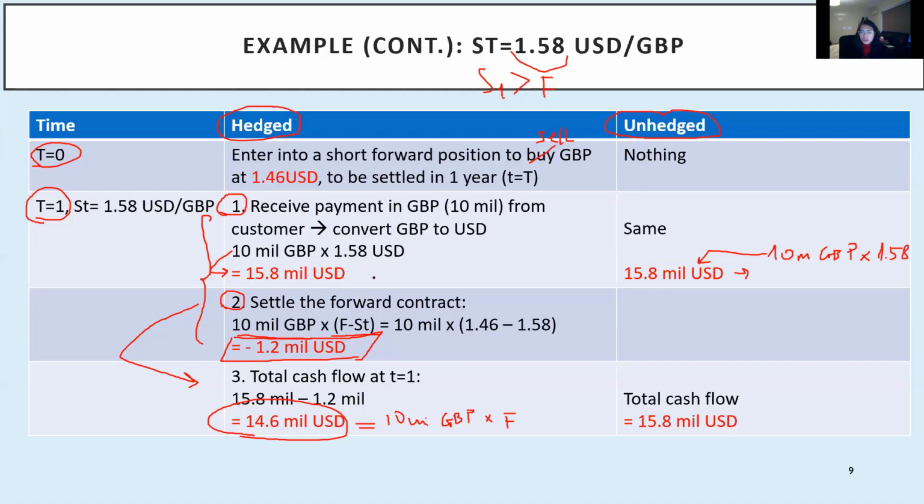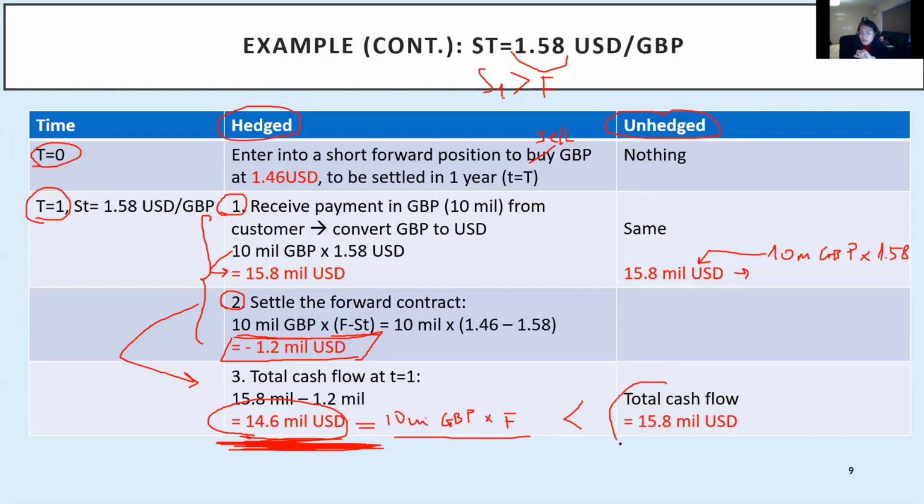So in the second scenario, where the exchange rate in the future is higher than the forward rate, I find that if I have the forward contract, my payoff is actually lower than the payoff of an unhedged position, okay? But what's important to notice here is that when I hedge, my payoff will always stay the same, which is 14.6, okay? Which is just the 10 million times the forward rate, okay?